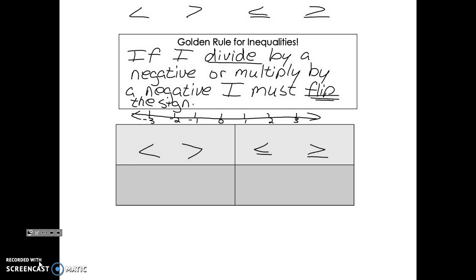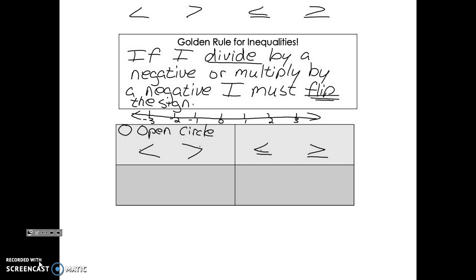So basically how this will work is whenever we have less than or greater than, we're going to say that's what we call an open circle or an open dot. Now what an open dot looks like is basically just a circle with nothing filled in it. So when we graph something on a number line, we'll use an open circle to indicate that.